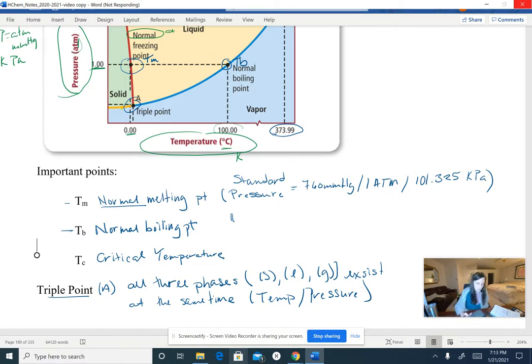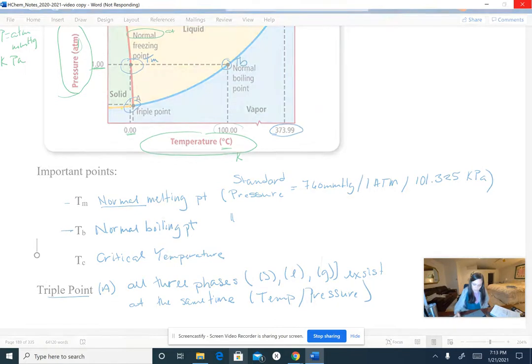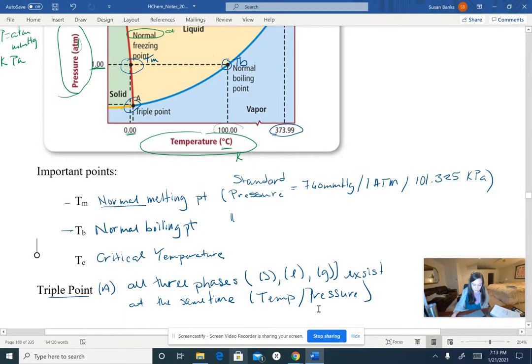Anyway, so let's do some looking at this diagram and how to read it. We're going to create a scenario here.